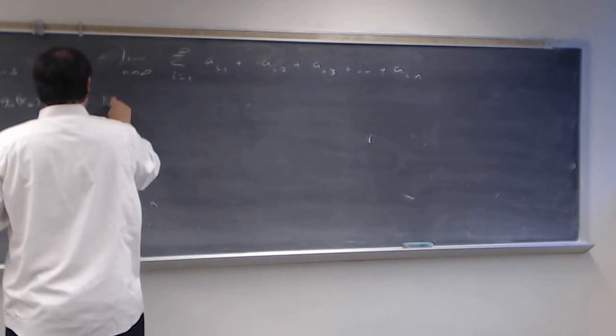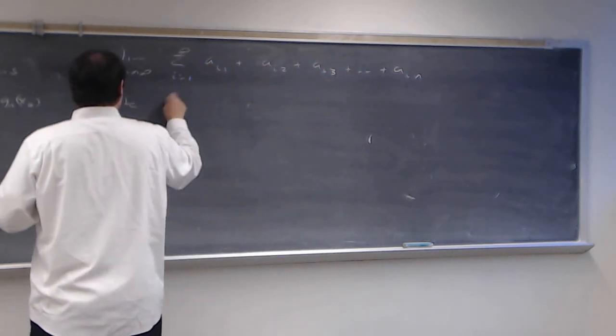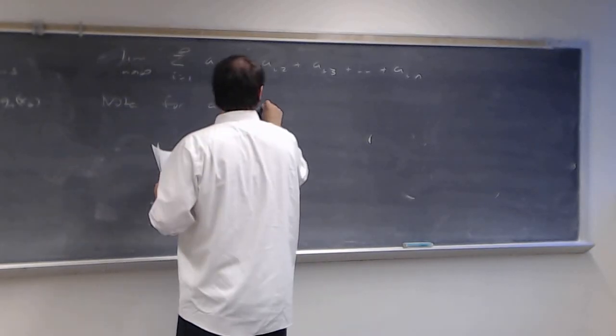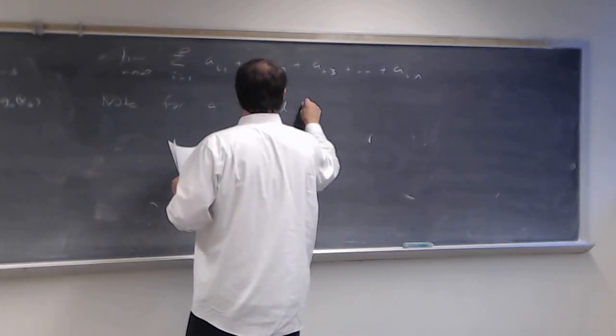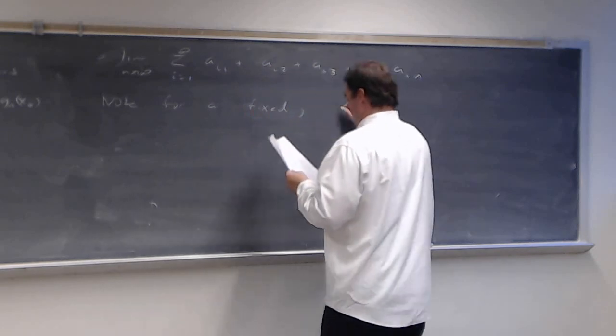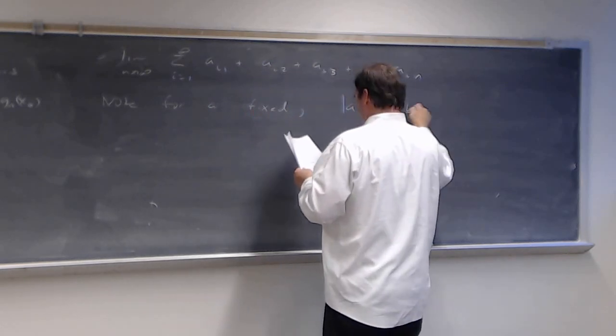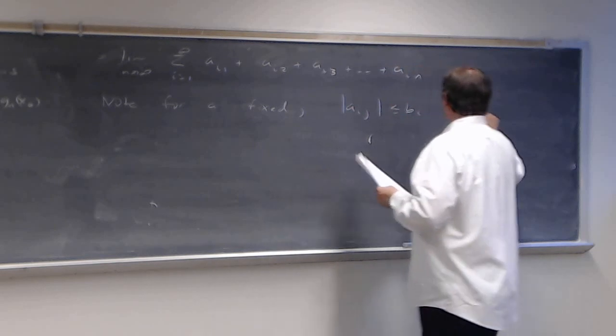And so what I'll say is, note, for a fixed j, that the sum of the absolute value of a sub ij is less than b sub i for each i.